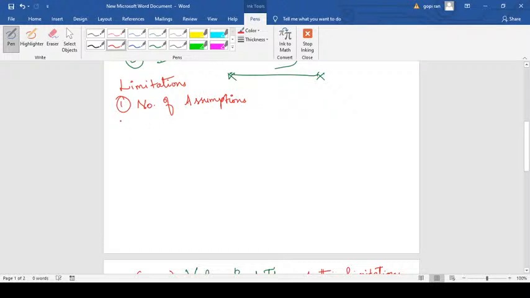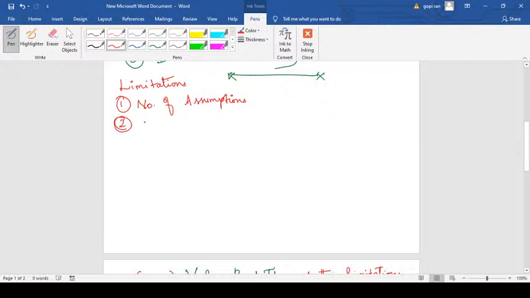And the second one, the magnetic data. They are not giving a quantitative interpretation. They are only saying it's diamagnetic or paramagnetic. How much it is, they are not saying.